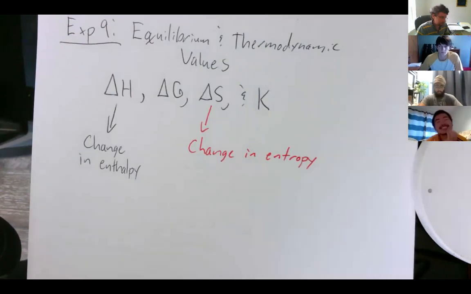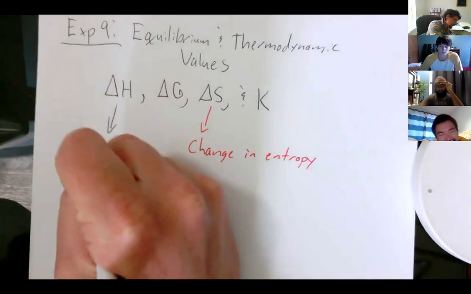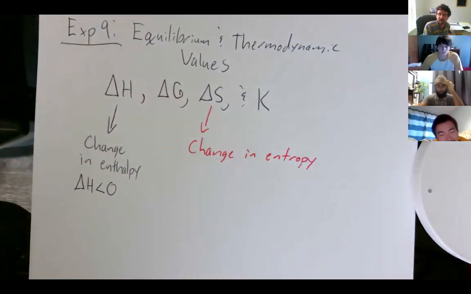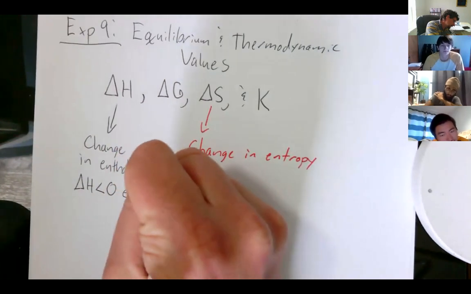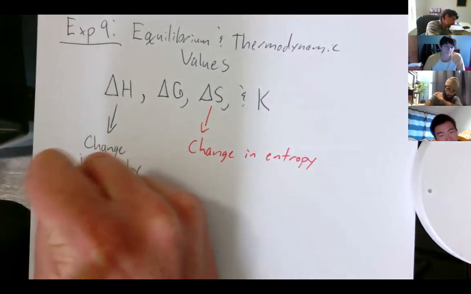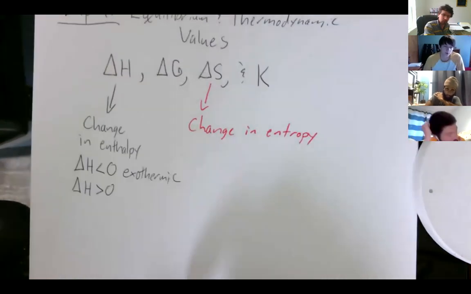It tells you if it's exothermic or endothermic. Yep. If delta H is less than 0, what does that tell us? Is it endo or exo? Exothermic. Yep. And what if it's greater than 0? Endothermic. Okay.